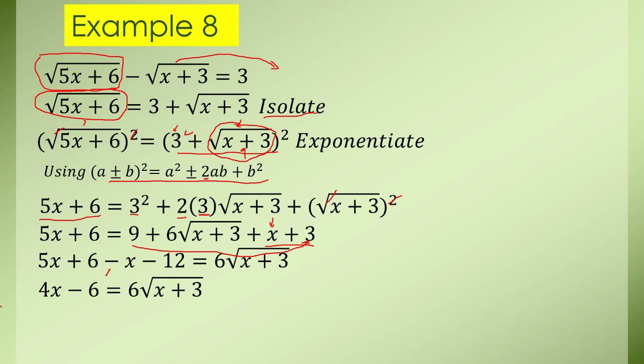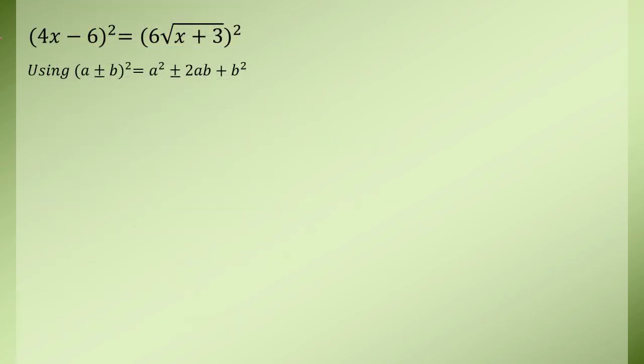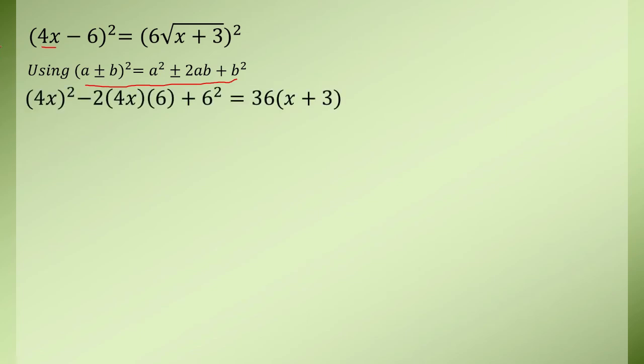What am I going to do now? Exponentiate again, because I want to eliminate the radical expression. Exponentiate it again. I use again the perfect square. It is this square minus 2 times, because you have a 2 here, 4x times 6.